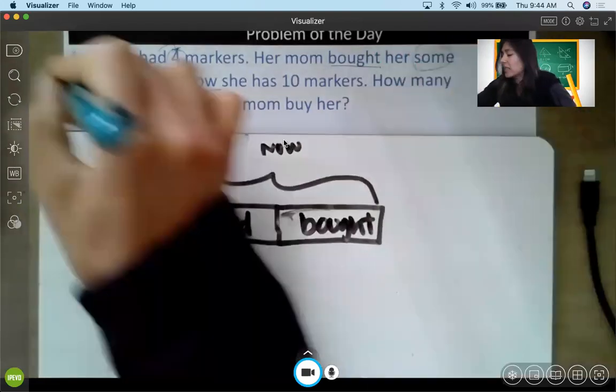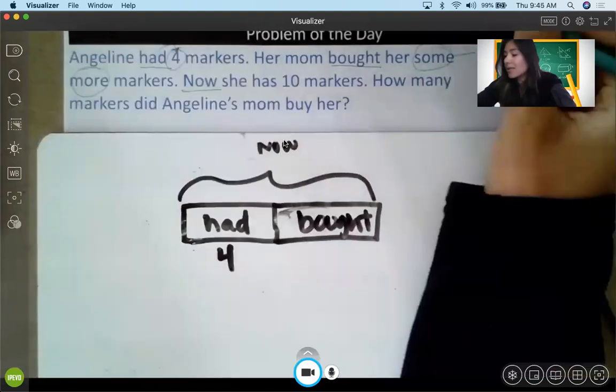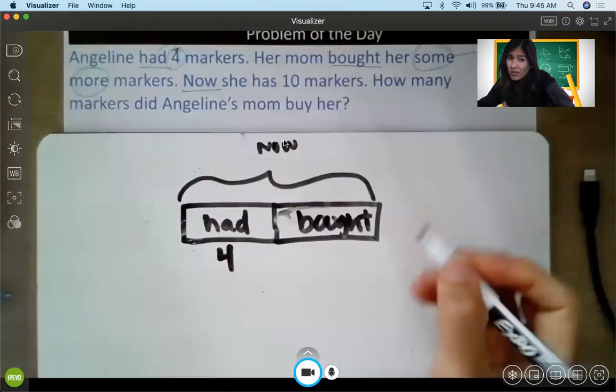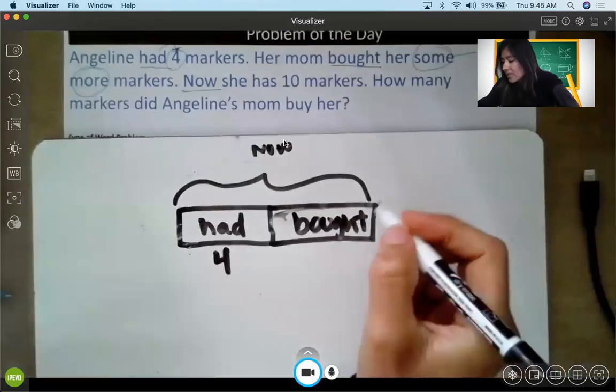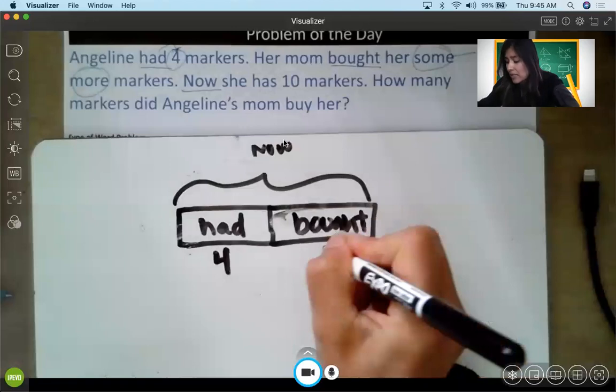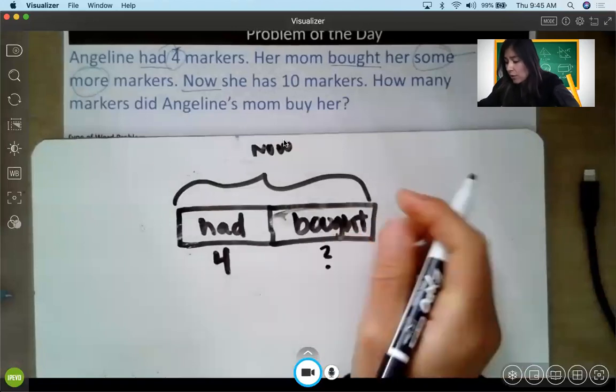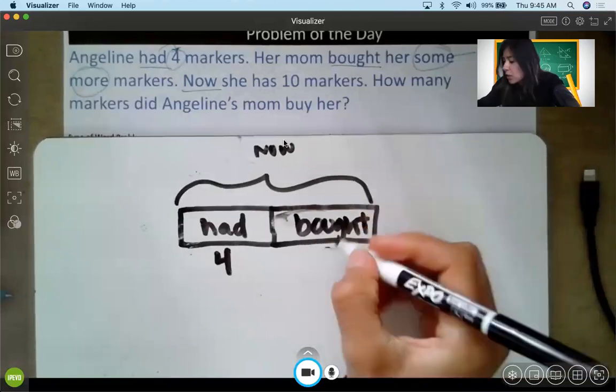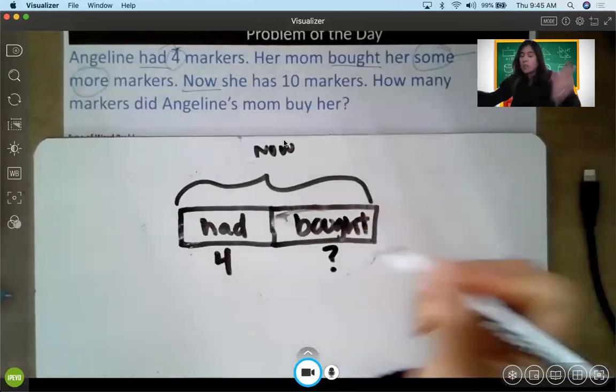Some more is not a given value, so this is the unknown, boys and girls. So it doesn't tell me how much she bought. It just told about her some, right? So this is, I don't know. There is an amount. It didn't say she bought her 2, she bought her 3, she bought her 4, she bought her 20, 500. Nope, she's just some more. I don't know how many she bought, just some more.